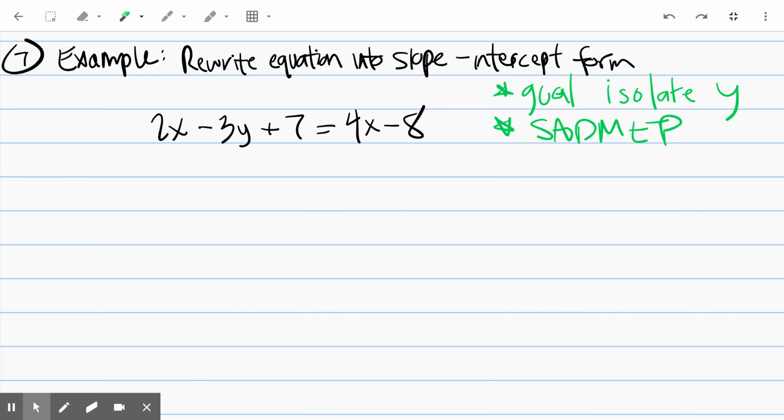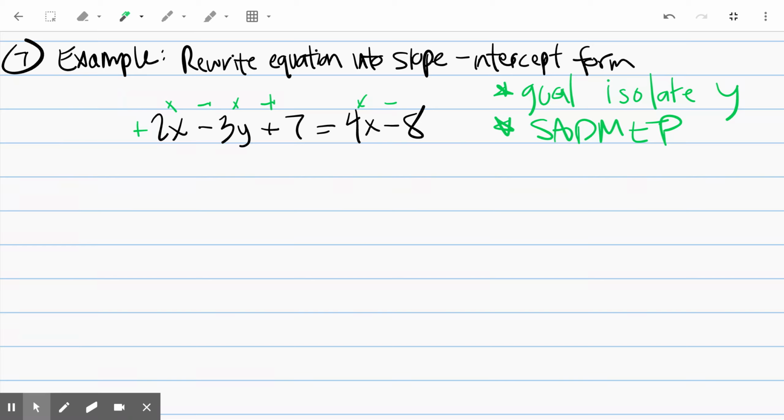That is also a positive 2, so it's being added. Positive 2x minus 3 times y, so another multiplication, and we have a subtraction, plus 7, so we're adding, equals 4 times x, multiplication there, minus 8. All right, so we have all of our operations lined up.